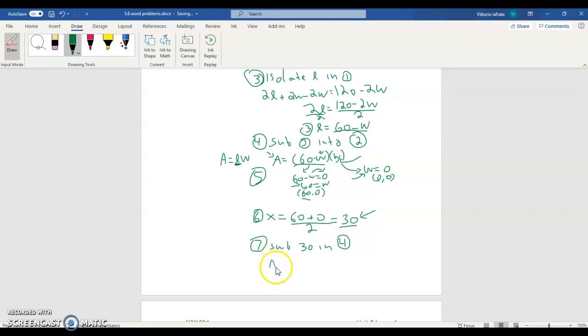So we get A is equal to 60 minus 30 times 30, which is equal to 30 times 30, which is going to be 900.